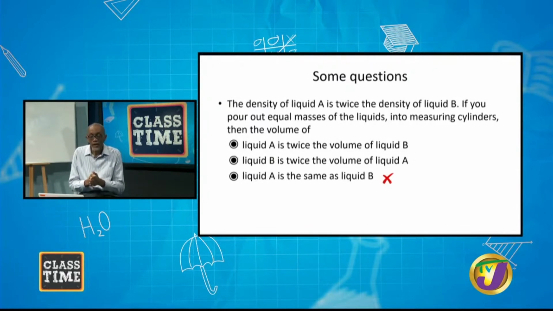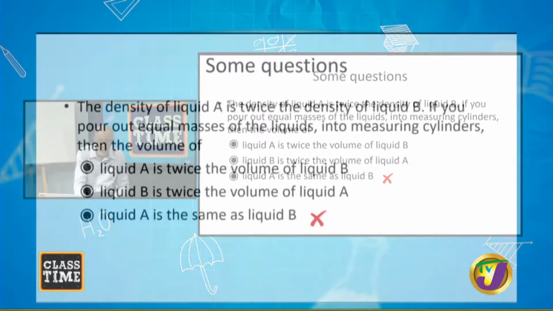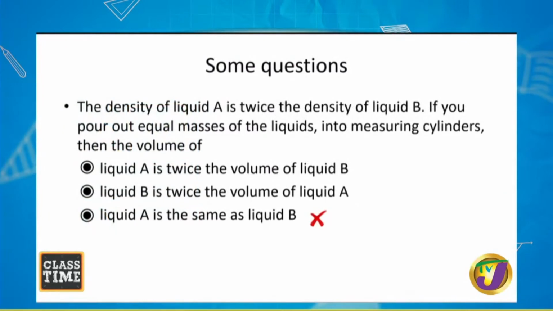And so we would say that liquid B has twice the volume of liquid A, based on what we have seen. And this is all just based on our observations, using them to come up with the answer to the question. All right. Next question.